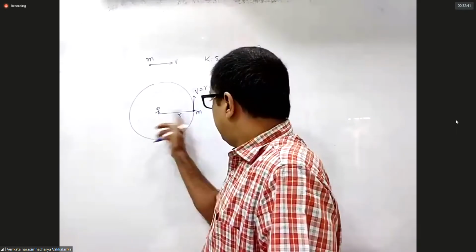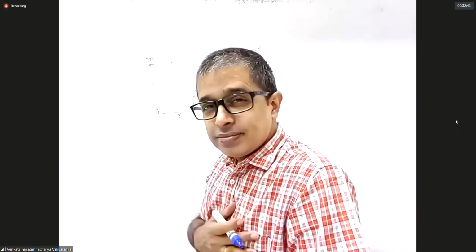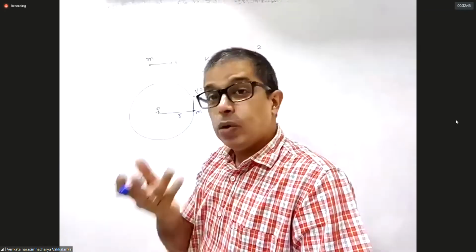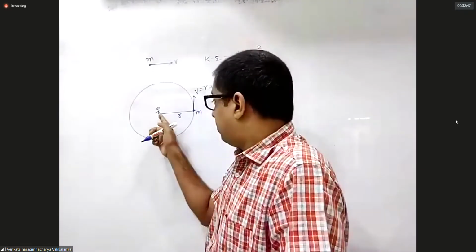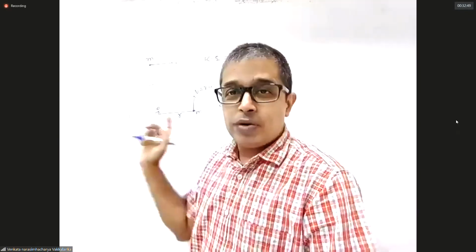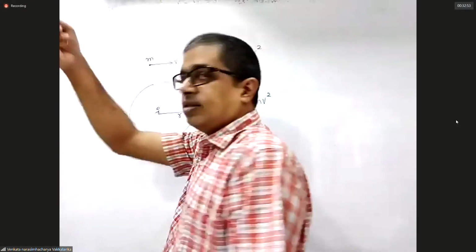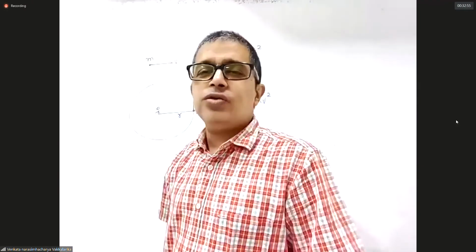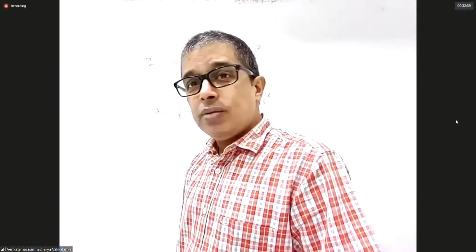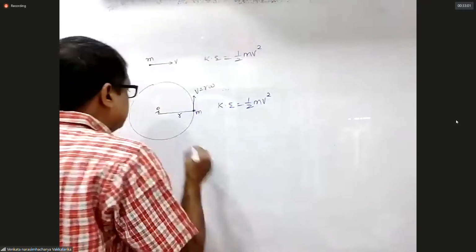Now he will say, it is pure rotation. For this man, this particle is in pure rotation. The man at the center is at rest. The particle is going about in a circular track this way. It is pure rotation, so he will report half I omega square. Don't you think both are different? They are not.